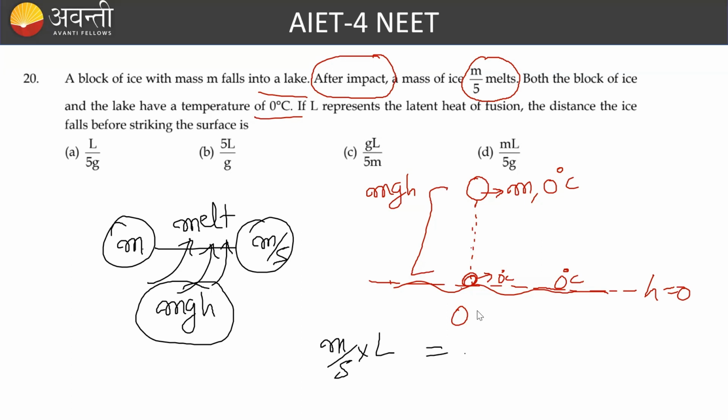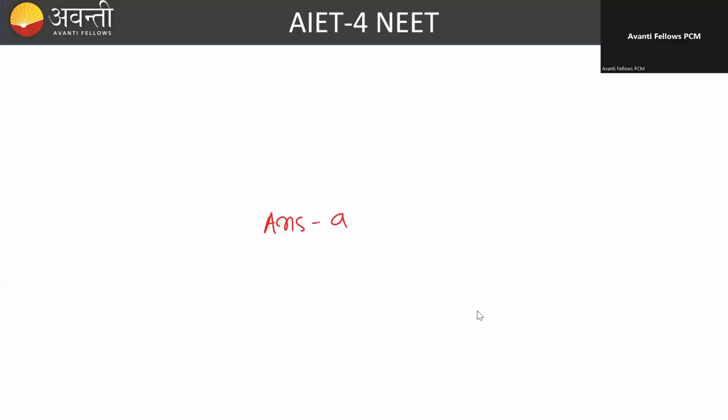So this must be equal to mgh. So m will get cancelled, and what will be the value of h? H value will be L by 5g. So correct answer will be what? It will be L by 5g. So correct answer is A. I hope it is clear. Now let's move on to the next question.